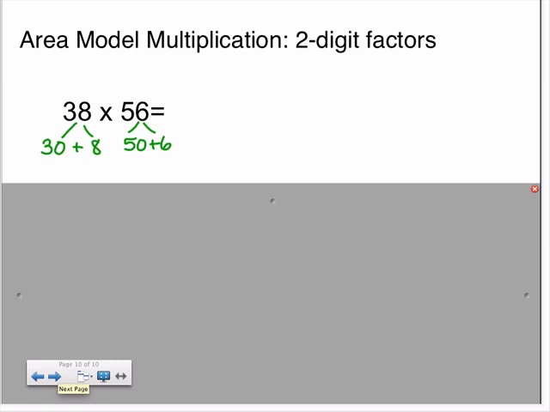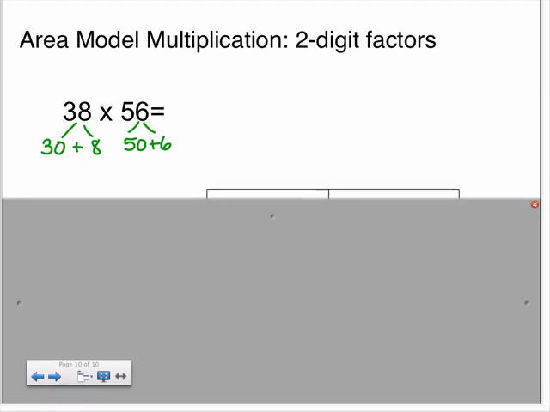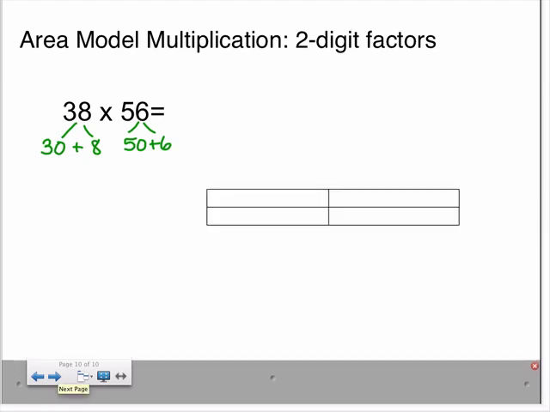Because both factors are double-digit, I'm going to need 2 rows and 2 columns in my model. Using my expanded form information, I am going to now create my array. The factor 38 was broken up into 30 and 8, so that is how I will label my rows. And the factor 56 was expanded to 50 plus 6, and that's how I will label my columns.